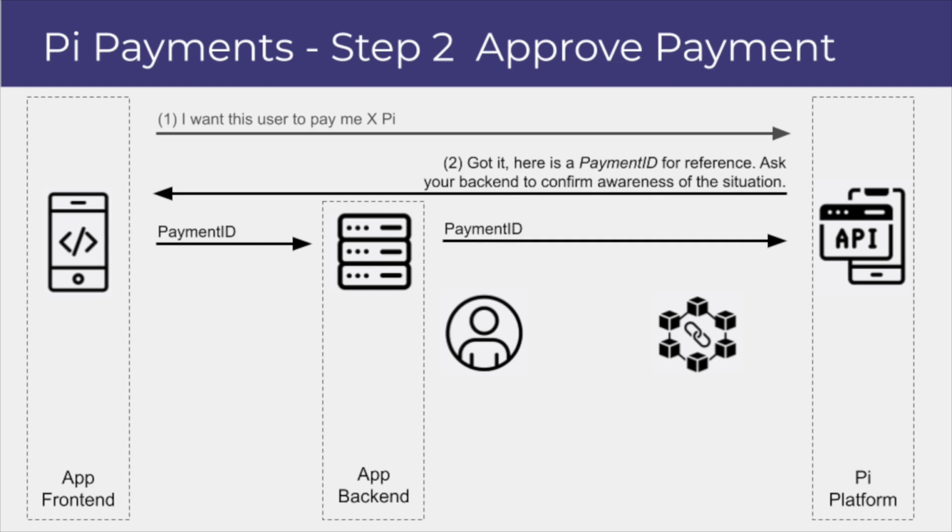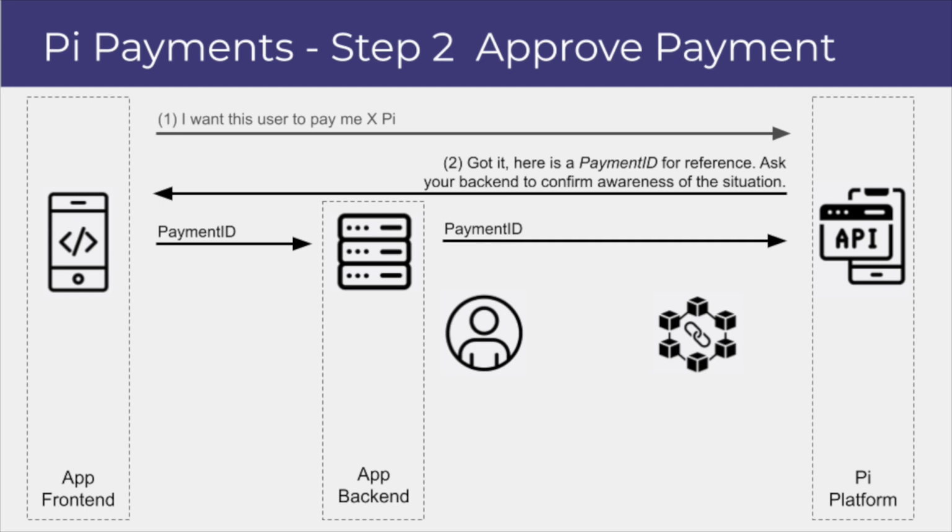Now, the payment ID has to be recorded by the app backend. And as a way to prove that the app backend is aware of this payment ID and it isn't going missing, the app's backend has to send it again to the Pi platform to confirm that it's aware of this payment ID.